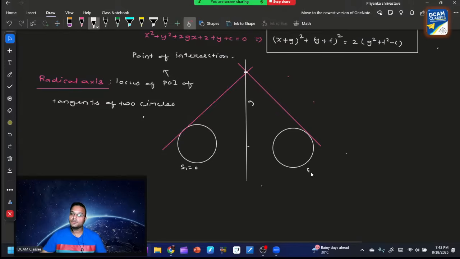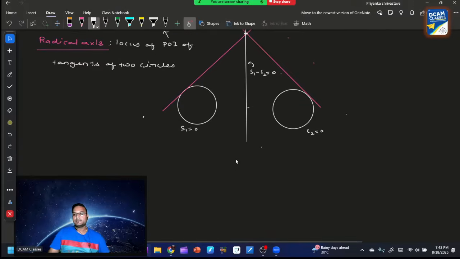Say this S1 is equal to 0, this S2 is equal to 0. So the equation of this common chord will be S1 minus S2 is equal to 0. Just subtract the two circles' equations and you will get this chord. This is the radical axis.